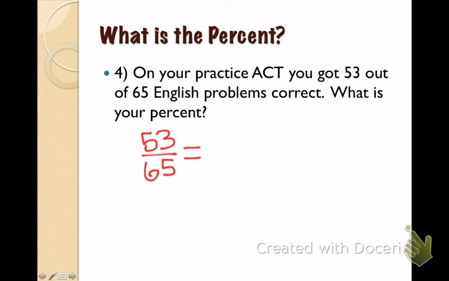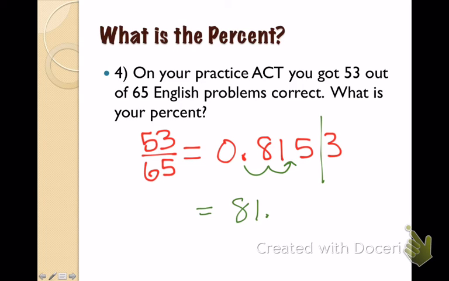We get 0.8. I'm going to write 5 of these decimal places so I can round it afterwards. I'm going to move my decimal to make it a percent, and I'm going to cut it off after one place here. So that's going to be 81.5, or is it going to be 81.6? So I've got to look at this guy. So this one's going to keep it at 5. It's not large enough. So 81.5.